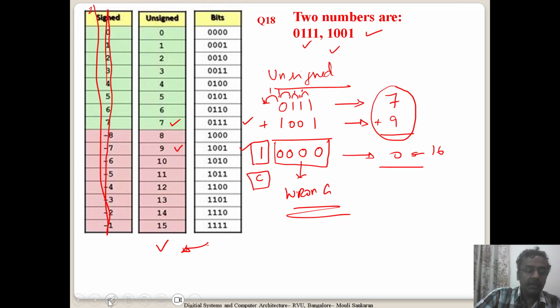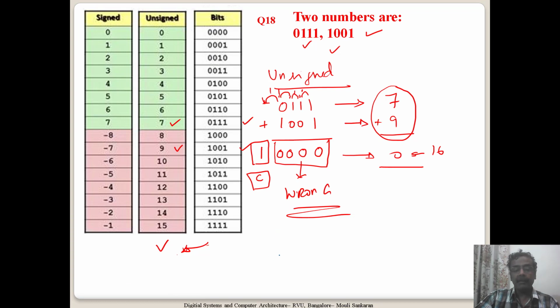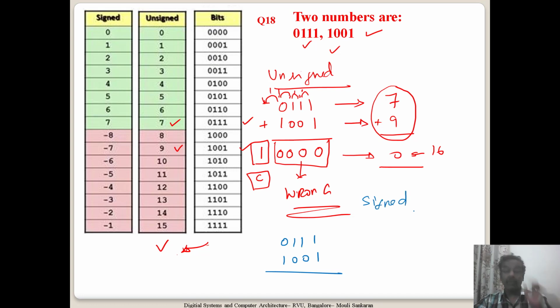Now let us do it by considering them as signed numbers. Let me use a different color now. Given the same numbers 0 1 1 1, and 1 0 0 1, I'm going to treat them as signed numbers. Remember one thing, the hardware being used for adding is the same. The only thing is, we are now looking at the bit pattern in a different way.